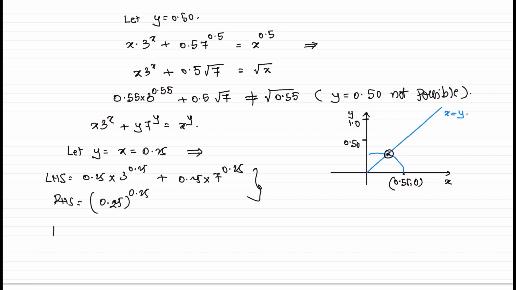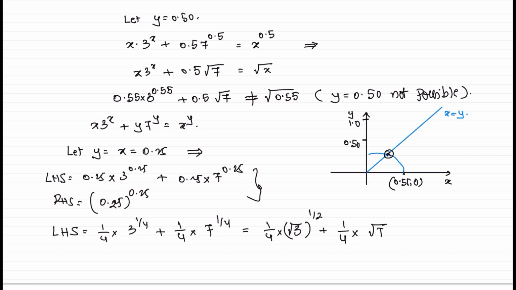Now we'll calculate left hand side is equal to 1 by 4 into 3 to the power of 1 by 4 plus 1 by 4 into 7 to the power of 1 by 4. Then 1 by 4 into 3 to the power of 1 by 4 is square root of 3 to the power of half, plus 1 by 4 into square root of 7 to the power of half.